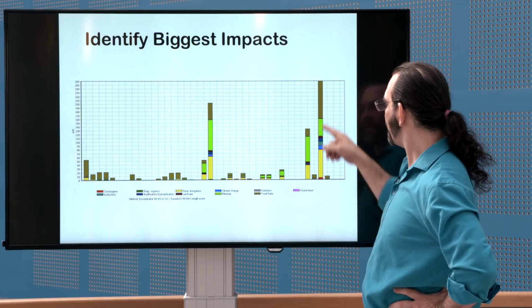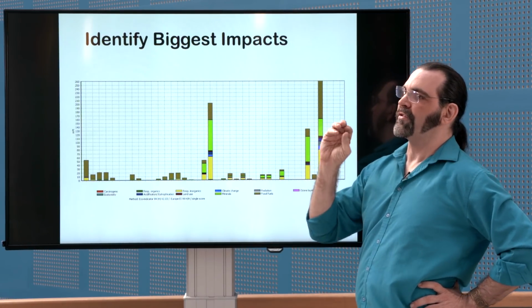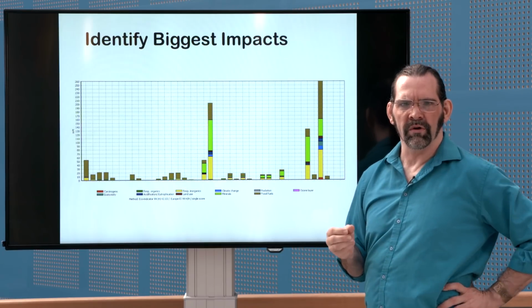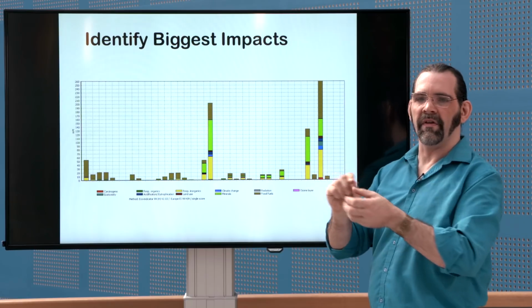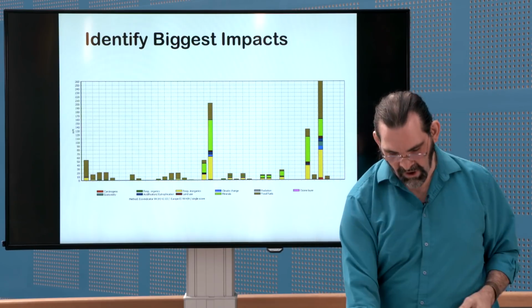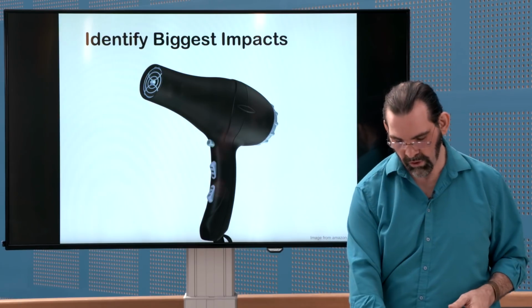But no, actually, this bar right here is the ground fault interrupt circuit, which is a little piece of circuitry in a little box on the end of the cord. It's not something that you would even see on the hairdryer itself. It's on the end of the cord.